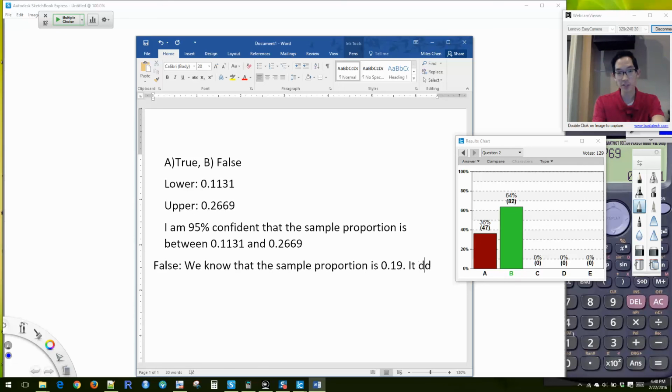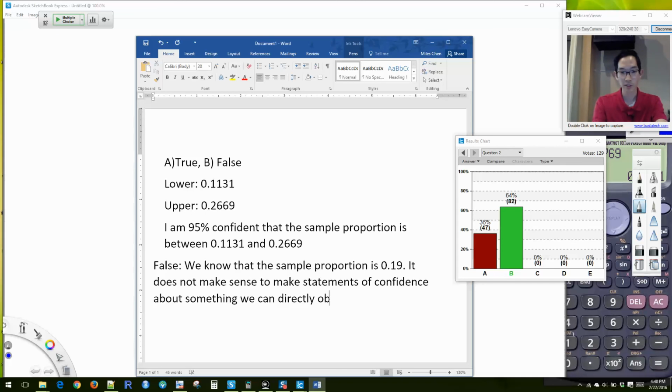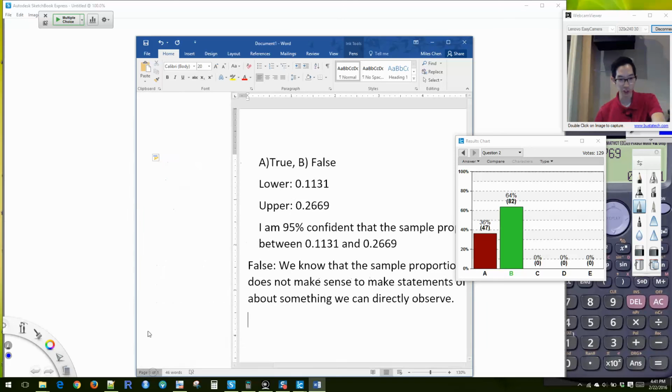It does not make sense to make statements of confidence about something we can directly observe. So our confidence intervals should always be statements about the population parameters, like the population proportion, never about the sample proportion.